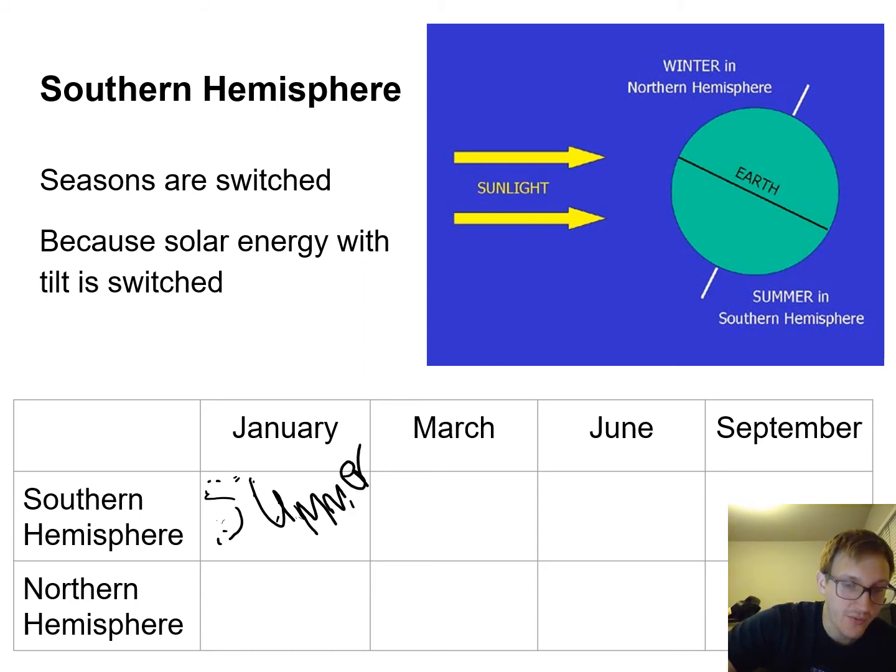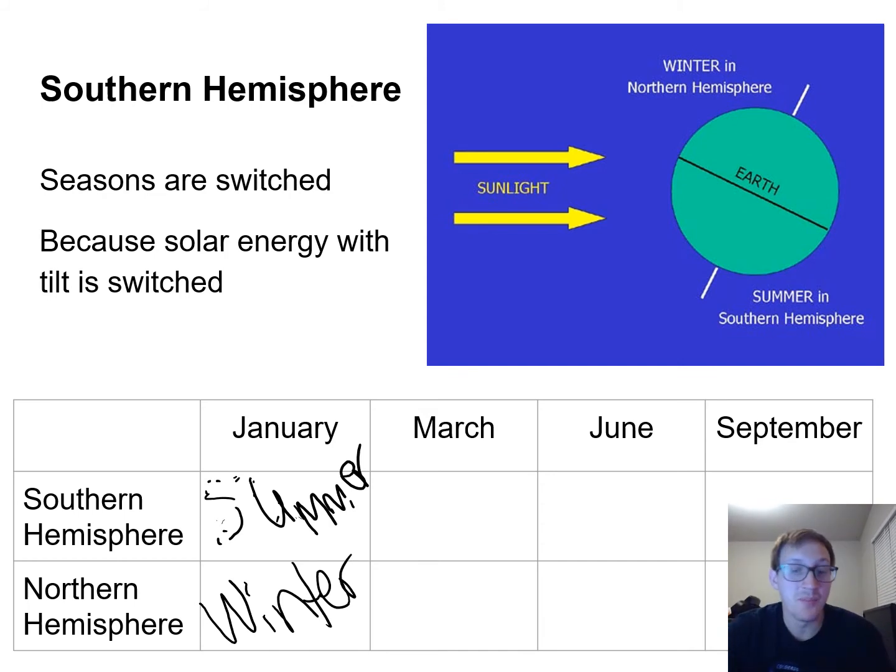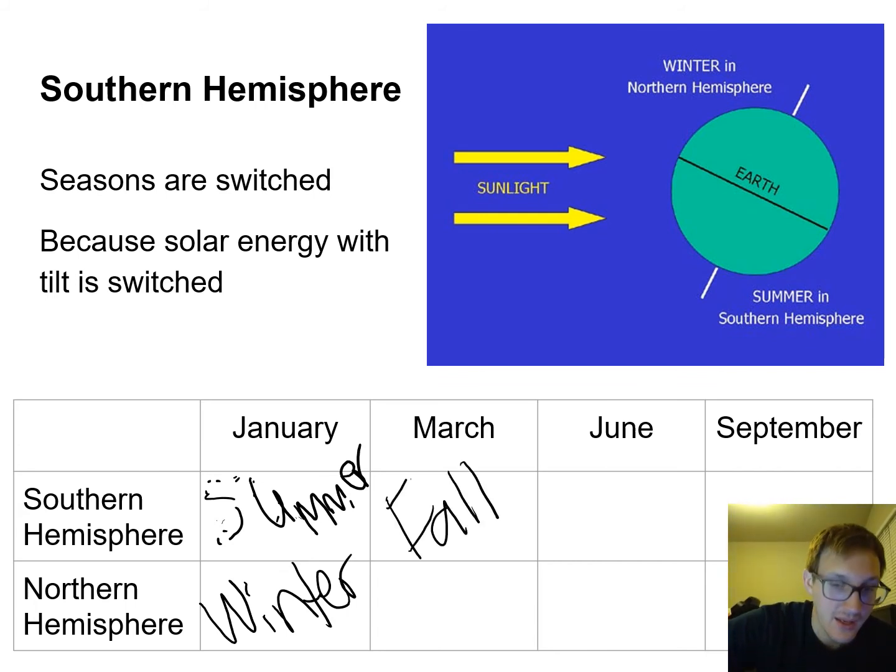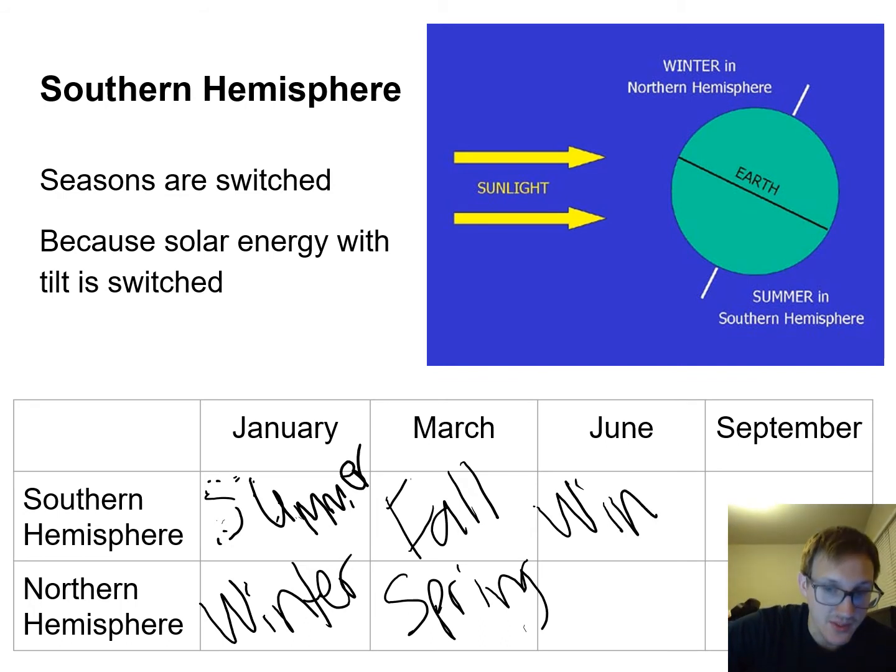And obviously, for the northern hemisphere, for us, it is going to be the winter. In March, for the southern hemisphere, it's actually the fall or autumn. And for us, it's spring. In June, it's actually the winter for the southern hemisphere. And for June, it's summer for us.